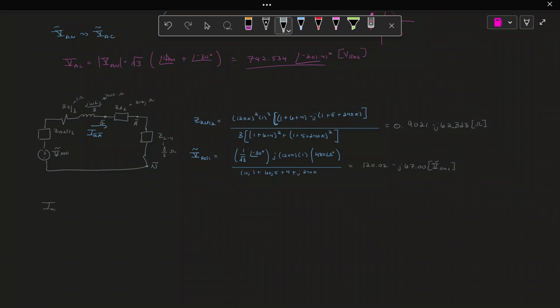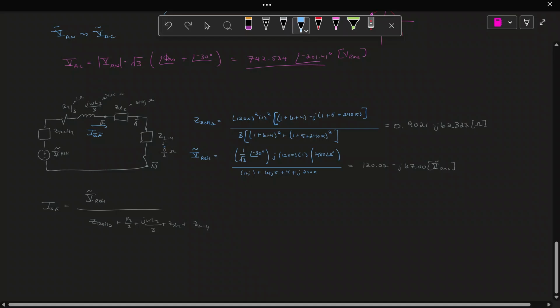So IAA, little bars, is equal to the sum of the voltages, which is really only the voltage reflected, divided by the sum of the impedances. So here we need to do Z reflected 2 plus R2 over 3 plus j omega L2 over 3 plus Z line of 2 plus ZL dash Y. And again, remember, ZLY needs to be in terms of the Y, not the delta.